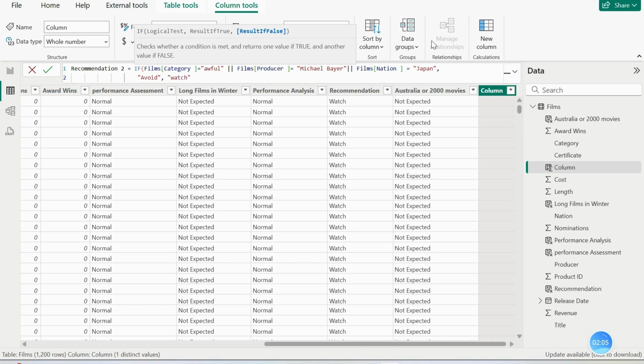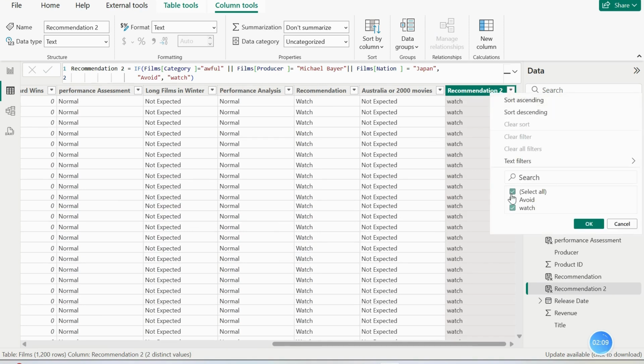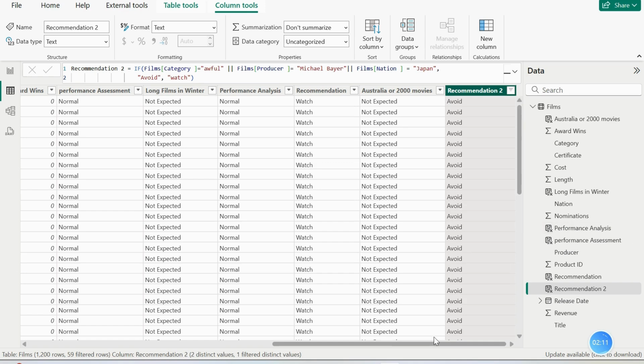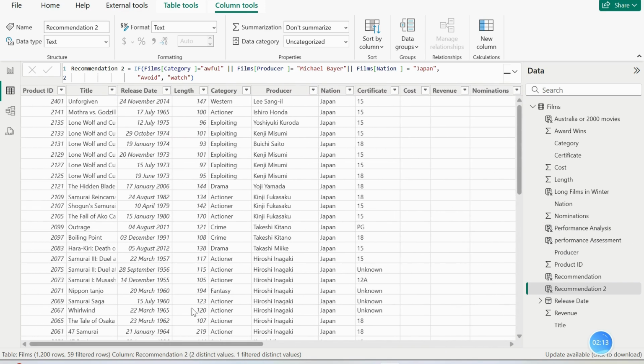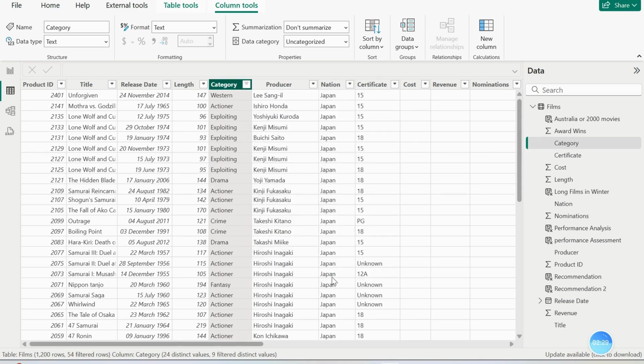Let's have a look at the result for sense check. Avoid. From the category, if the movie is awful, we avoid, that's no problem. If the other kinds of categories of the movie, why should we still avoid that?